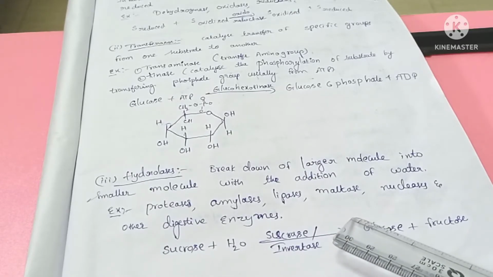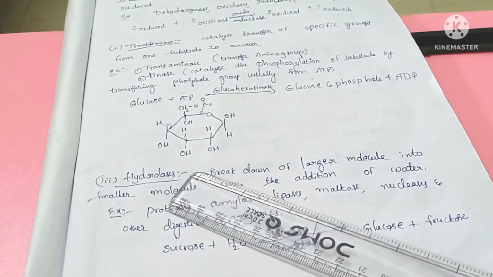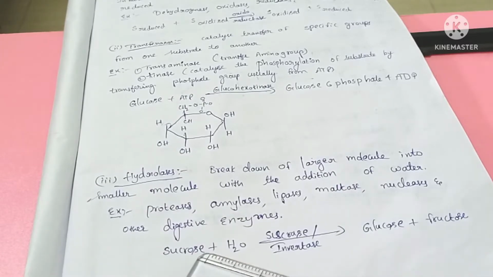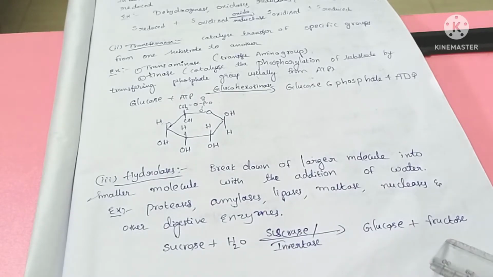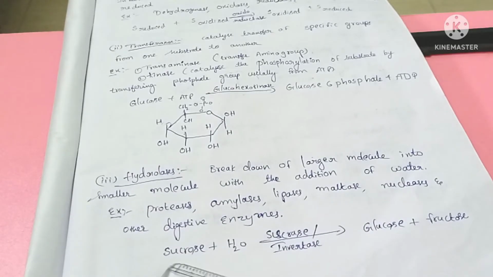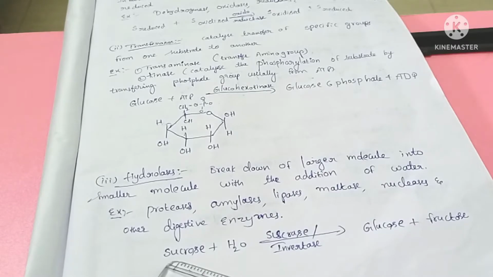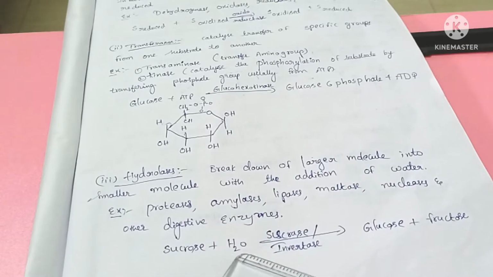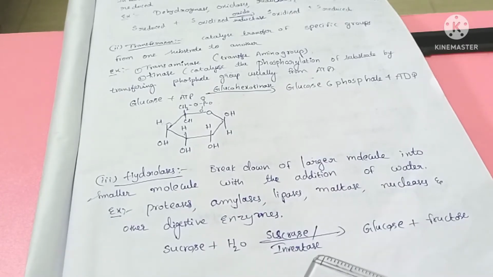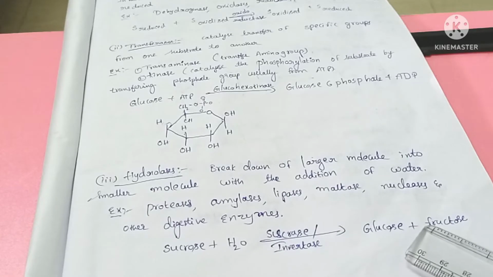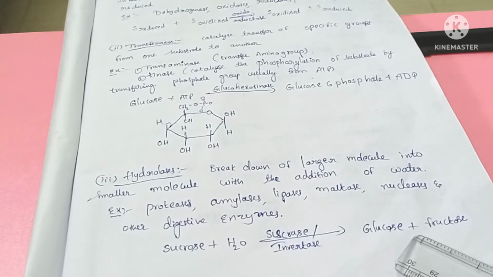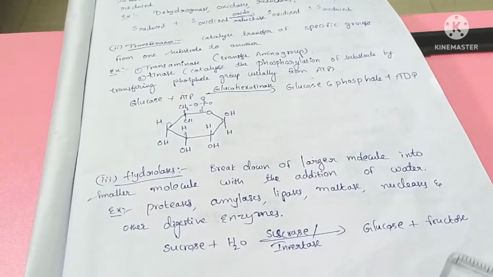Sucrose is a disaccharide. It contains 2 monosaccharides, glucose and fructose. Using water in the presence of the enzyme sucrase or invertase, it is broken down into the simpler substrates, glucose and fructose.